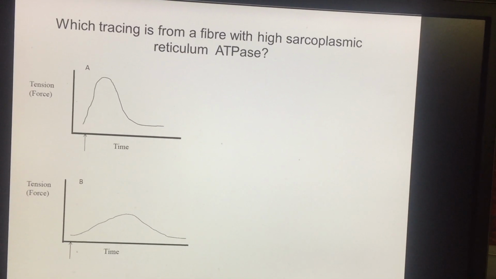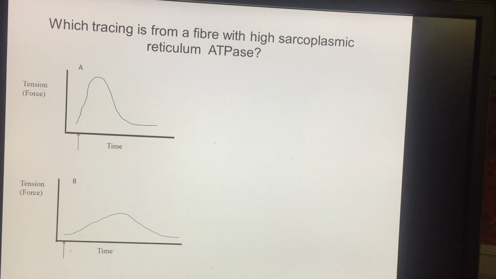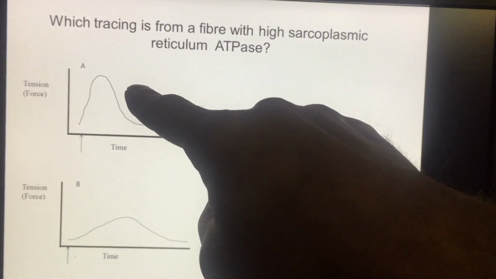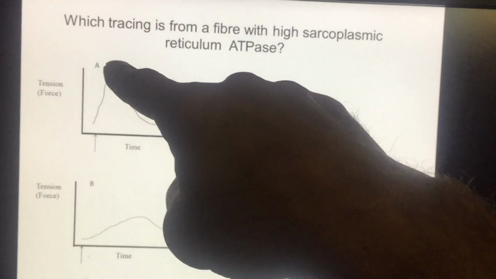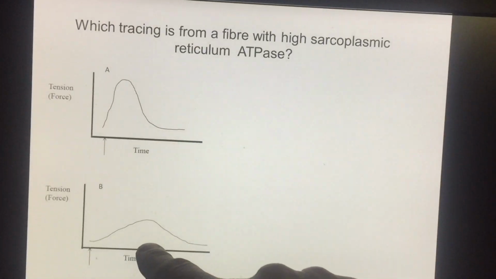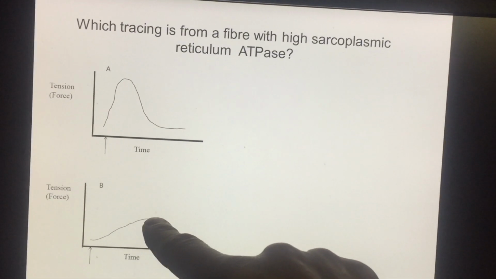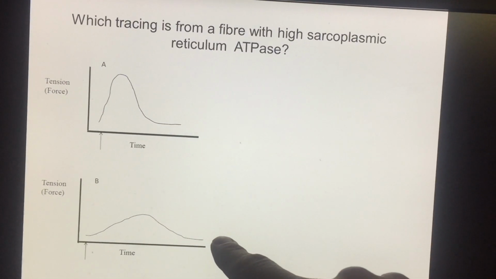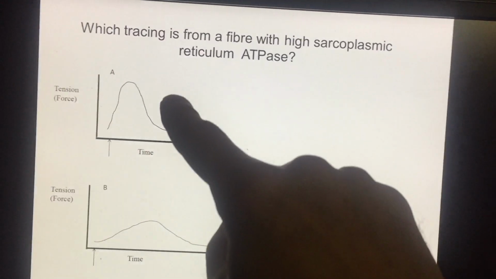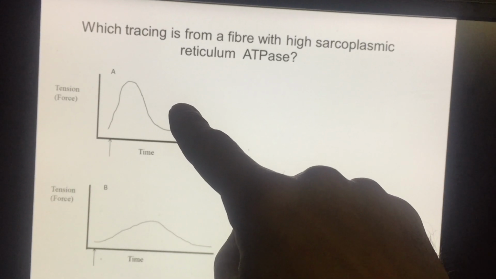That determines how fast your muscle relaxes after a contraction. So the correct answer here would again be muscle fiber A. Once it reaches its peak tension, it relaxes a lot faster than muscle sample B. Muscle sample B takes a lot longer to come back down to baseline and to relax. So this one has the faster relaxation time.